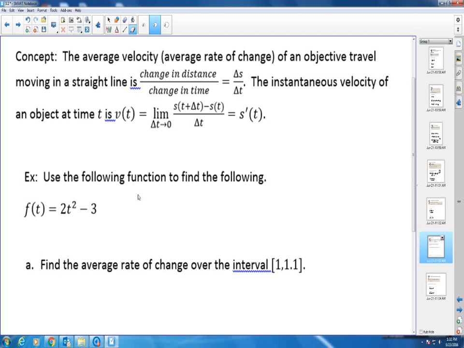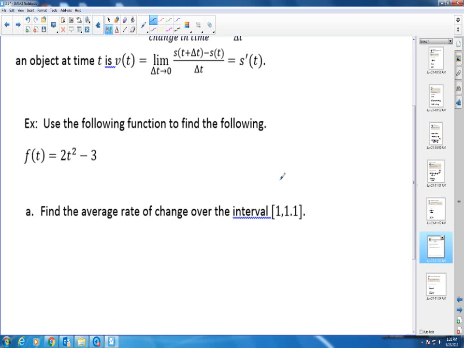So for example, let's say f of t, my function here, is 2t squared minus 3. I want to find the average rate of change over the interval 1 to 1.1. So on the x-axis, here is x equal to 1, or time equal to 1, and over here is 1.1 seconds. What's my average speed? Well, I have my time, but I also need my y value from here to here.